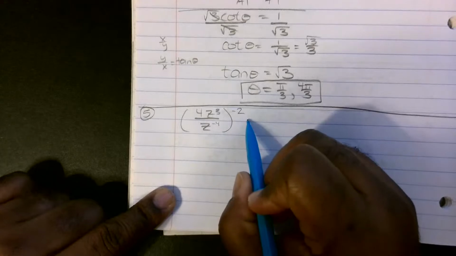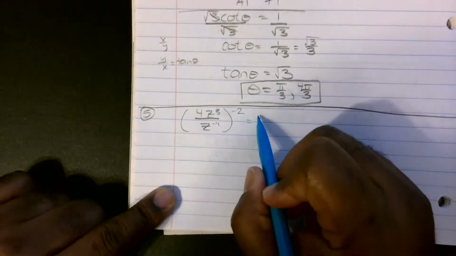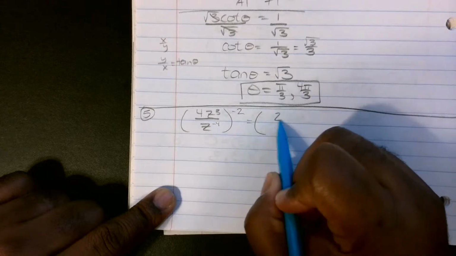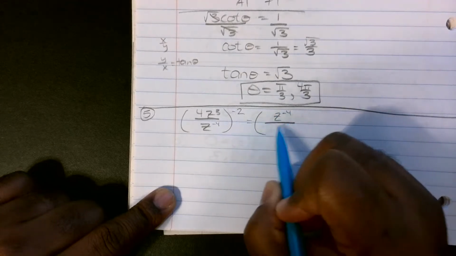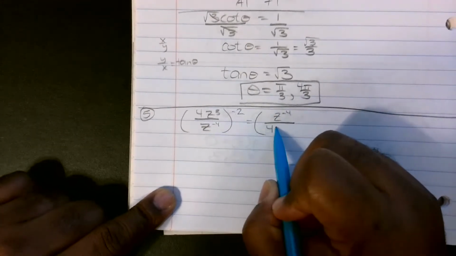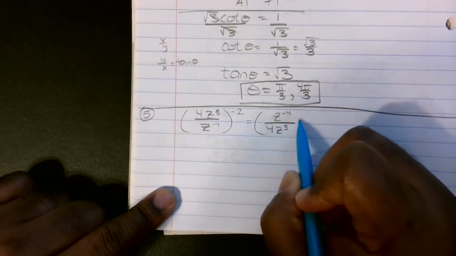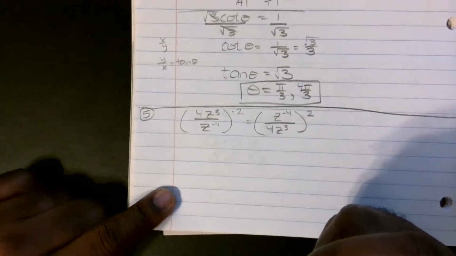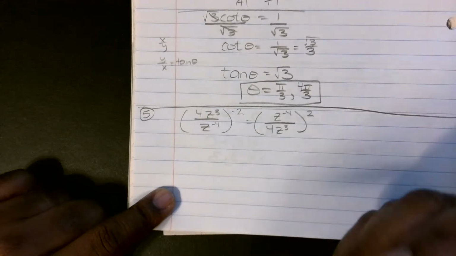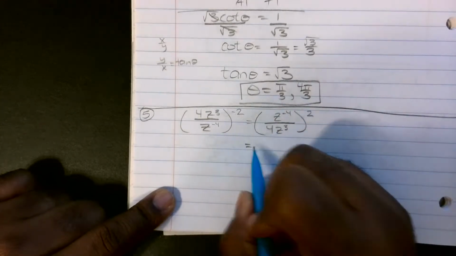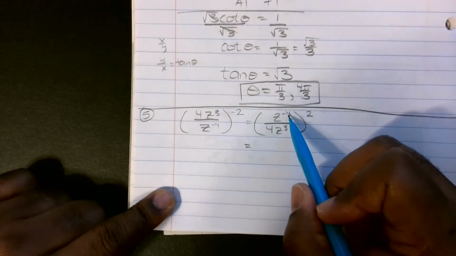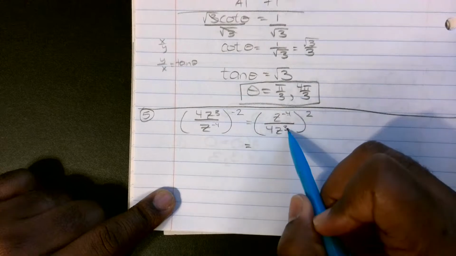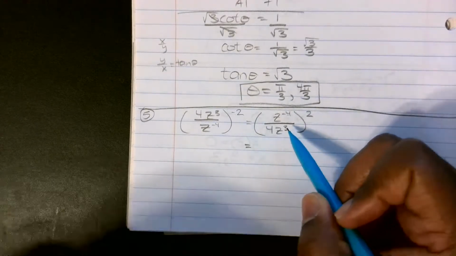The first thing that we normally like to do is get rid of the negative outside. That becomes z to the negative 4th over 4z cubed squared. Next, we see that this is a negative 4 on the top and a 3 on the bottom.